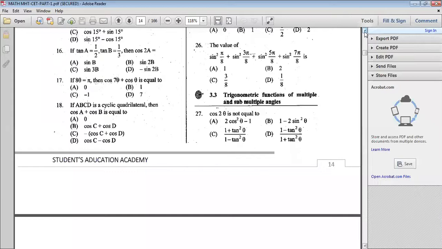Sine square pi by 8 plus sine square 3 pi by 8 plus sine square 5 pi by 8 plus sine square 7 pi by 8. So you have to find the value of this.